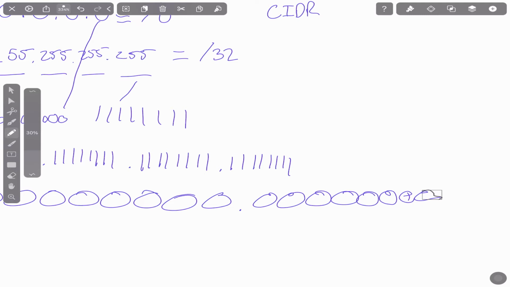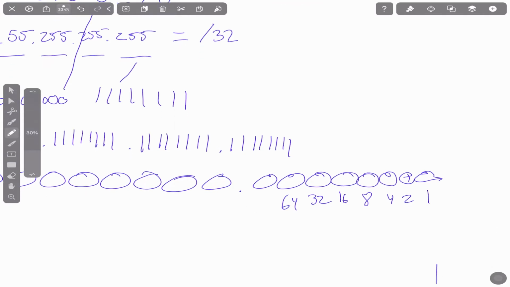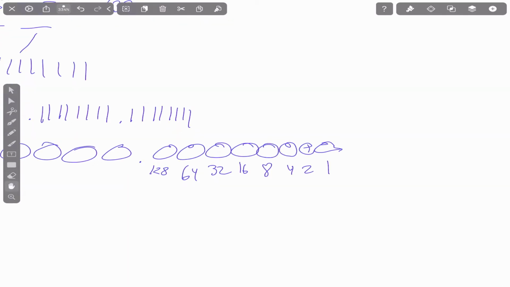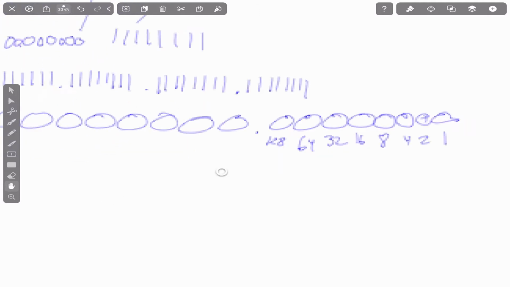So we have 1, 2, 4, 8, 16, 32, 64, and 128. Keep this in mind for what we're going to do now.